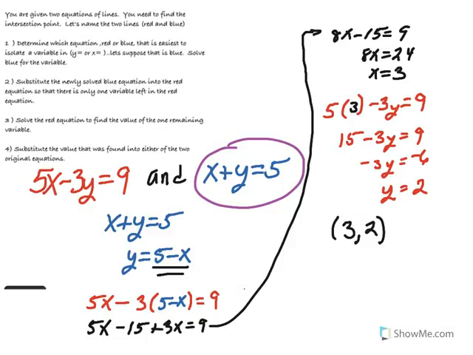Once I found x equals 3, I went back to one of the two original equations. I decided to plug into the red one. You could have decided to plug into the blue one. Doing the arithmetic, we find out that y equals 2.